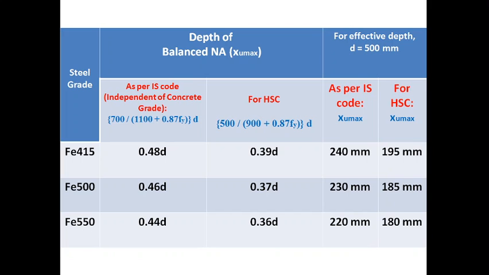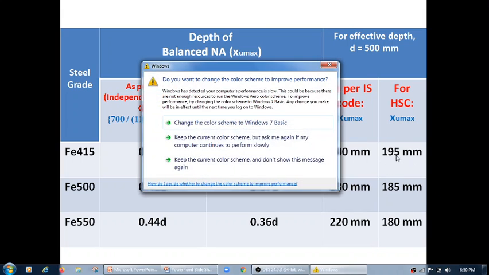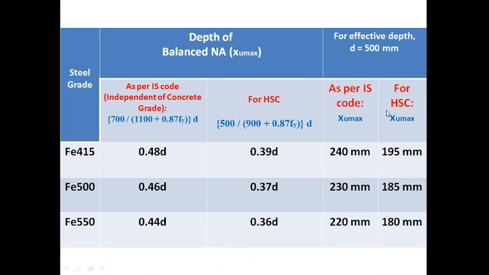But still IS code says that for any grade you use the failure strain as 0.0035. Here, if you go for high strength, then the beam which is under reinforced as per IS code becomes over reinforced, that means it becomes less ductile as per our discussion. Therefore one has to really think over this.